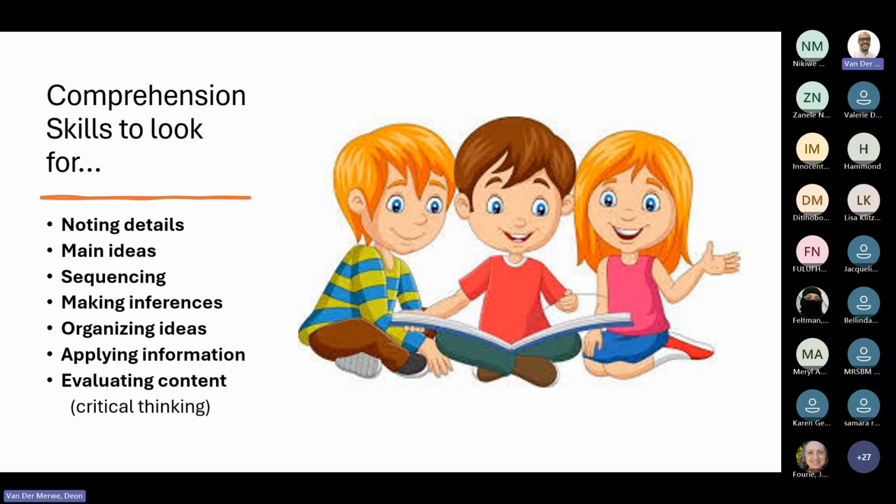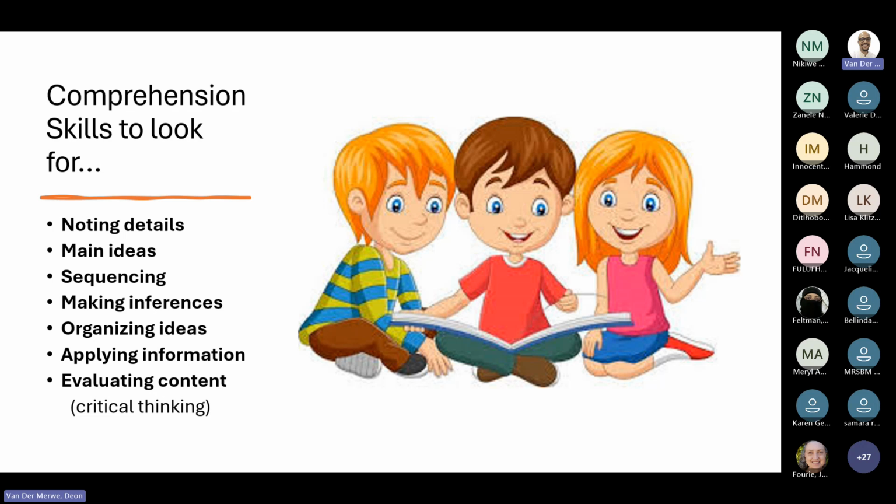sequencing is also one of the approaches where you try and help the learner understand the order of events or the steps, making inferences where you apply the ability of figuring out what the author means, even if it's not directly stated.